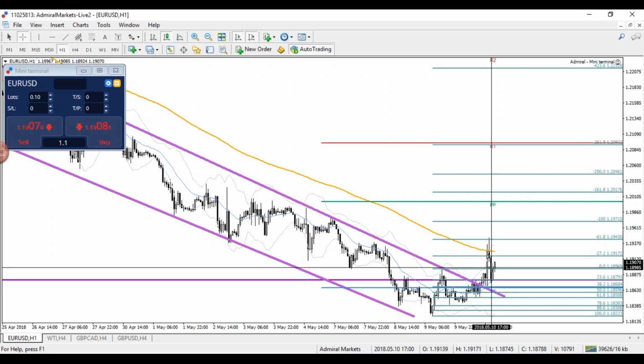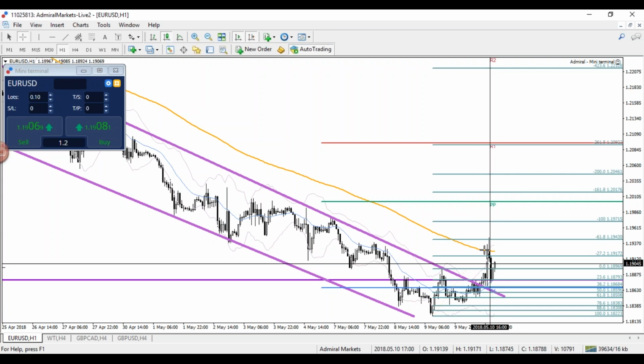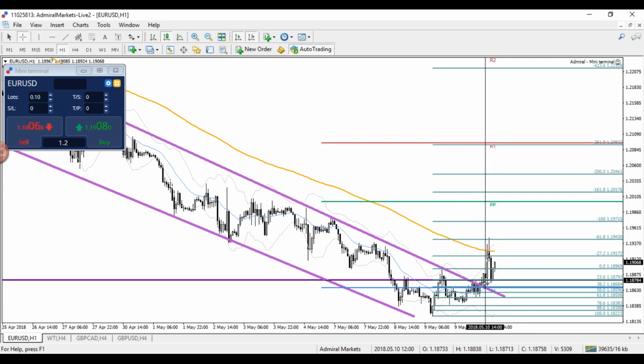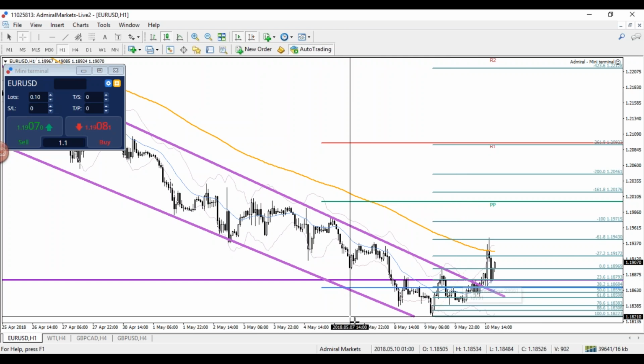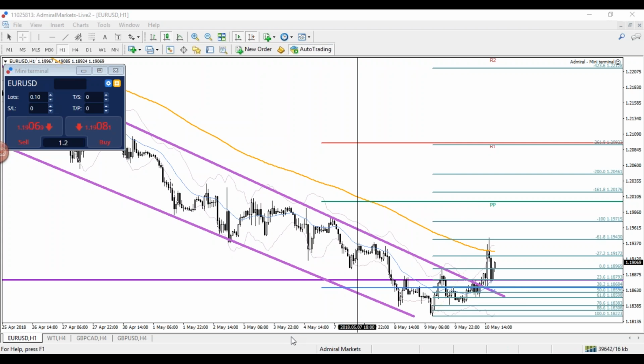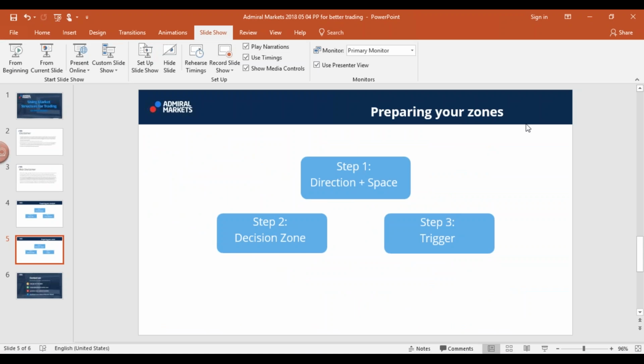So we have direction is up, counter trend. We have space, yes, for intraday. Decision zone is here, around 118.80. And the last step, trigger, sorry.